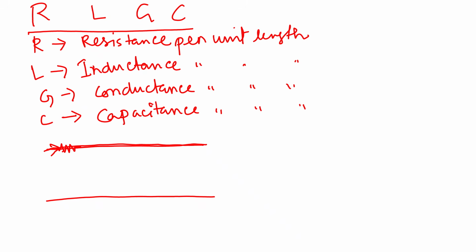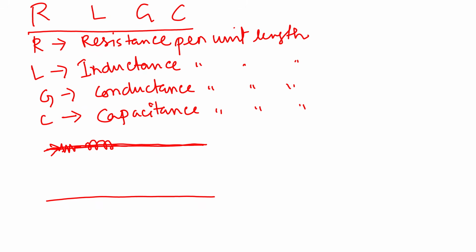Apart from that, how does L come into the picture? All of you know that when a current flows through a wire, it automatically creates a magnetic field around it, and because of this magnetic field, it stores energy and resists sudden change in current. So that is represented as a series inductance in this system.